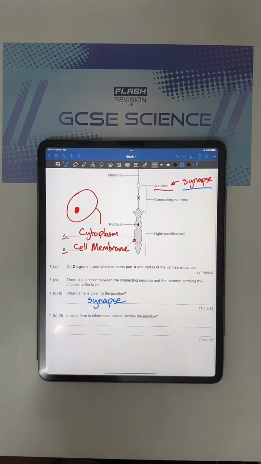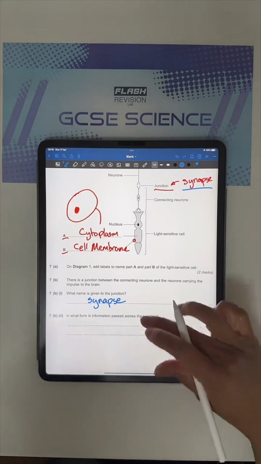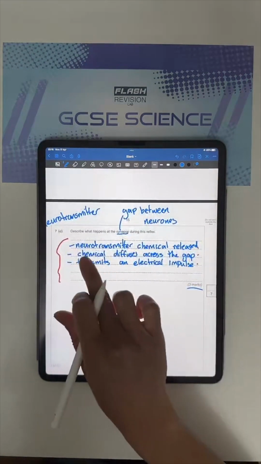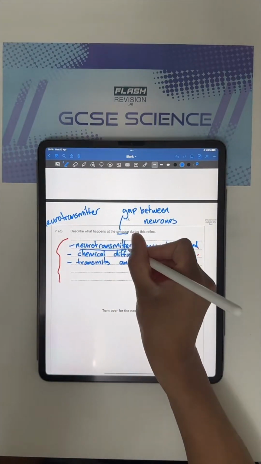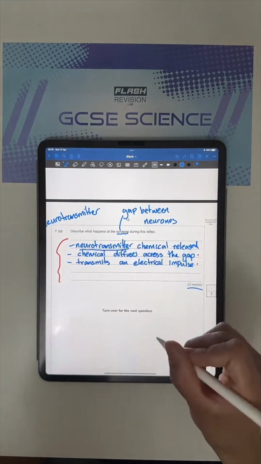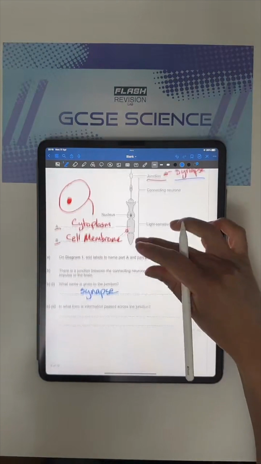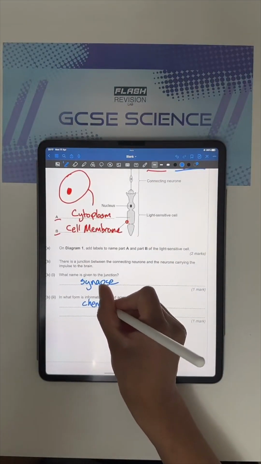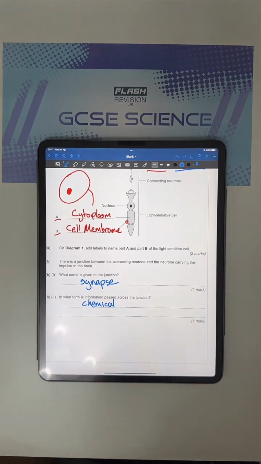Electrical impulses is after it's passed across. After it's passed across, it's converted into an electrical impulse. What form is it while it's passing across? Chemical, yes, Angie, chemical. So remember, it diffuses as a neurotransmitter chemical. That's how it moves across the gap. So you can just get away with saying chemical as the answer.